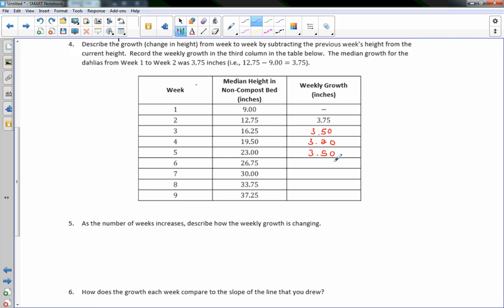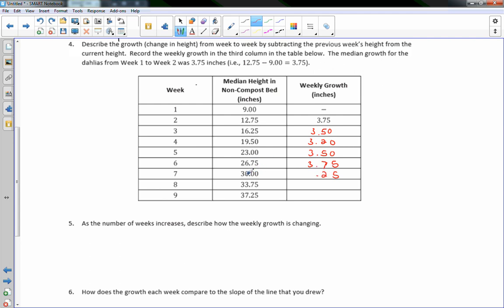5 minus 0 is 5. 7 minus 0 is 7. 6 minus 3 is 3, and 2 minus 2 is 0. 10 minus 5 is 5. So that would make this a 9. 9 minus 7 is 2.